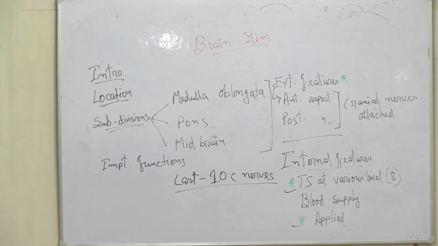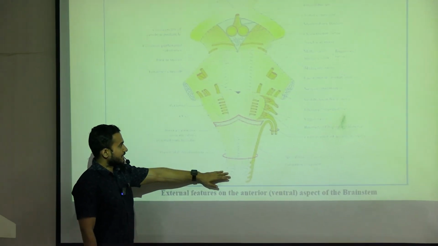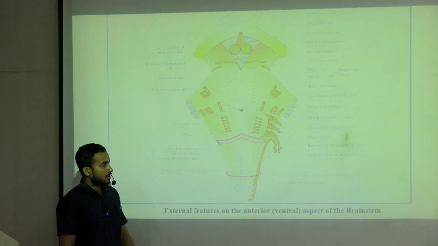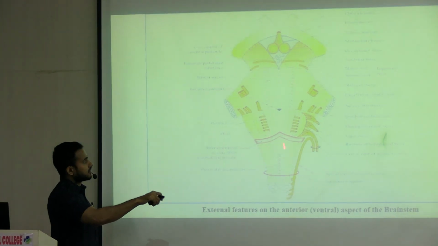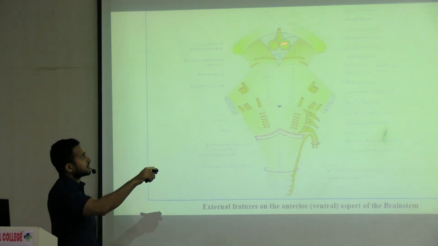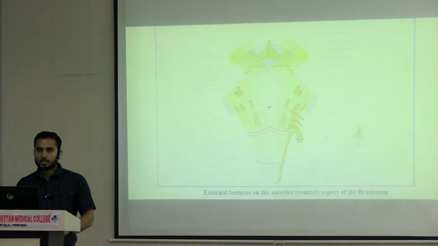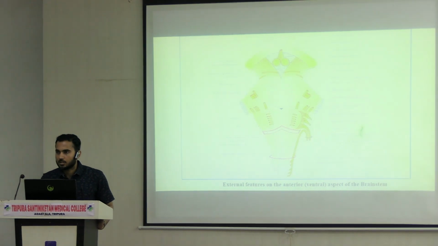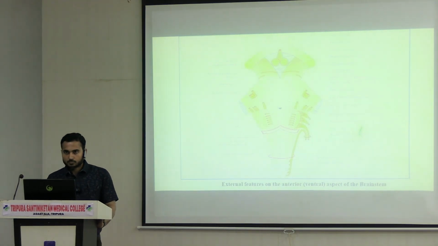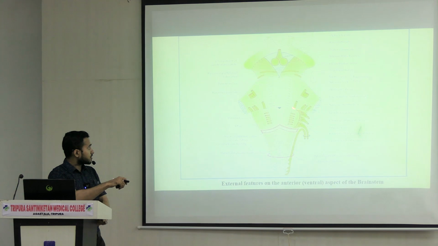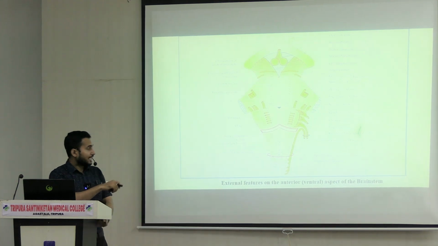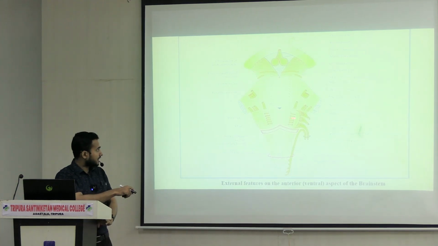In this diagram you can see the anterior aspect of the entire brainstem, where this is the medulla, this is the pons, and this is the midbrain. That is the anterior view of the brainstem. Here you can see many points, and along with that you can see the cranial nerves.